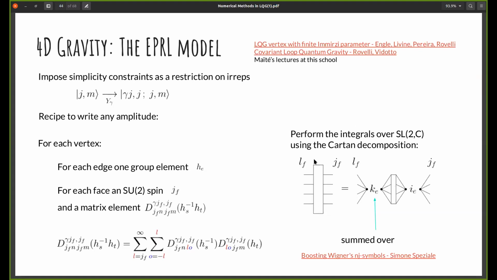So the SL(2,C) integrals can be done exactly, more or less. What you get is, graphically, this expression.